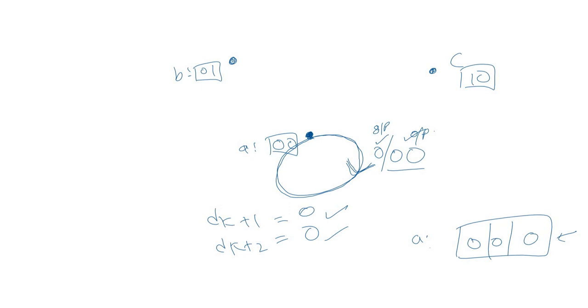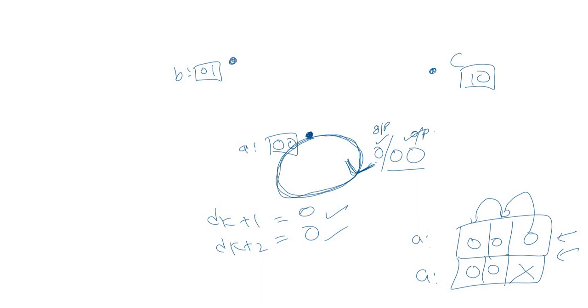So whenever the next stage comes, this 0 will move to this shift register and this will move to this. So the new state will be 0, 0, and here we'll have a new bit. So still we are in state A. When the input is 0, output is 0, we are still in state A.